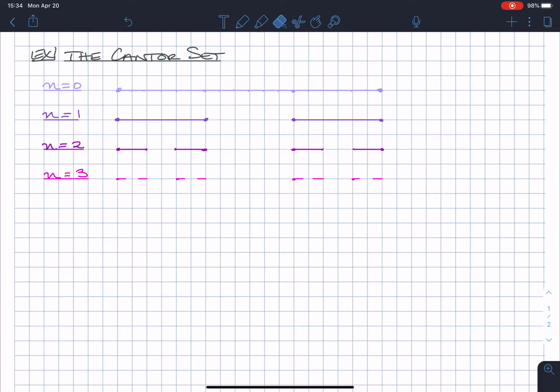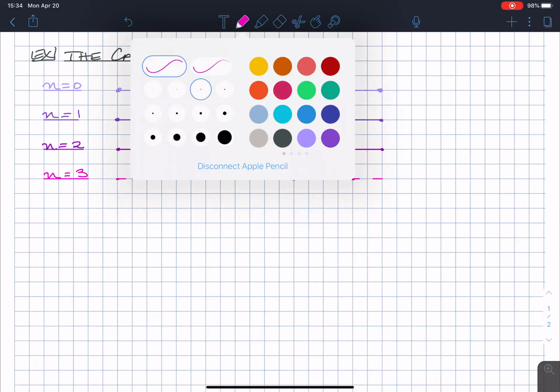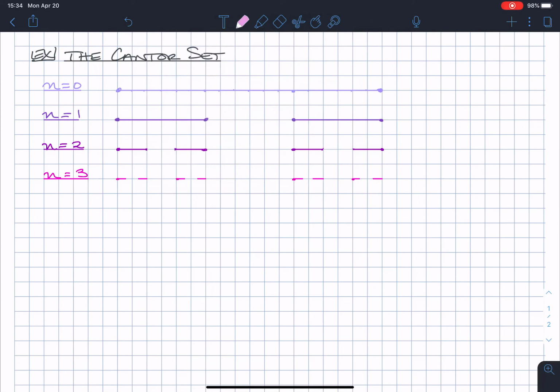Okay, so let's note something. Do you agree that the length of this piece here is 1/3 the length of the original?